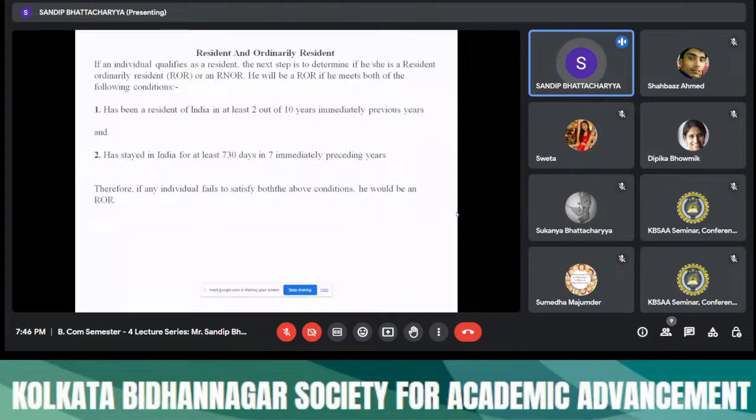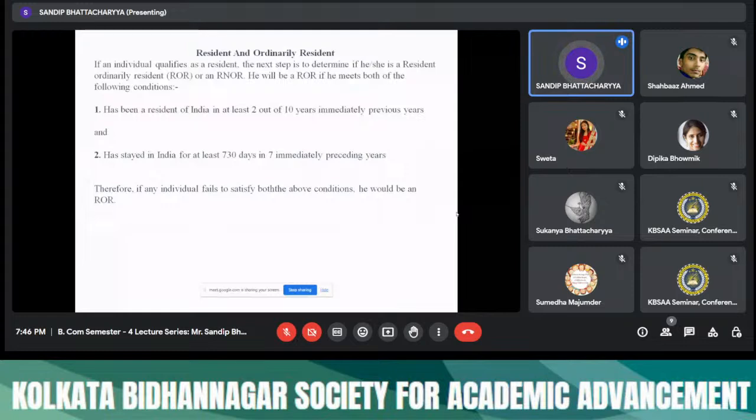That is, he stayed in India 730 days in the 7 immediately preceding previous years. So in the last 7 previous years apart from the preceding one, he should have stayed 730 days.